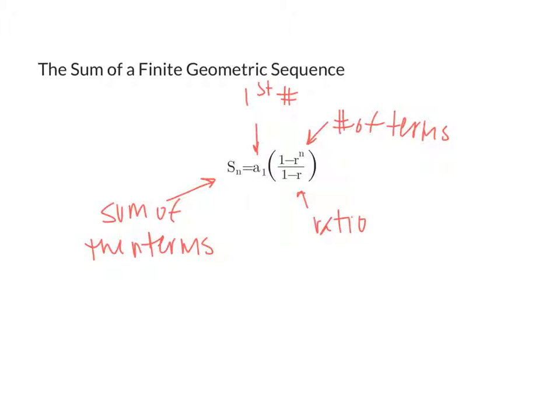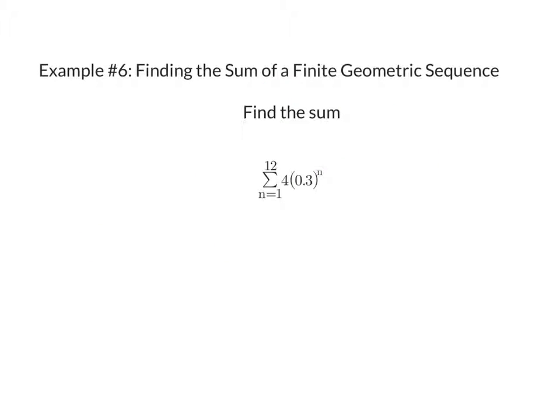Okay, so let's take a look at our first problem. It says to find the sum. This is in summation notation, but we should be able to pick this apart to solve it.